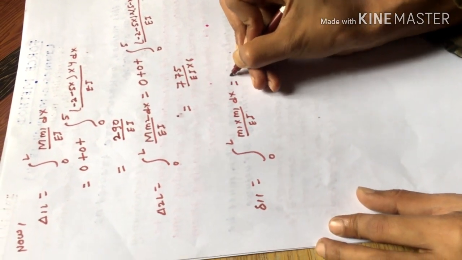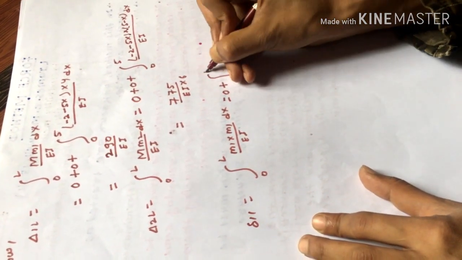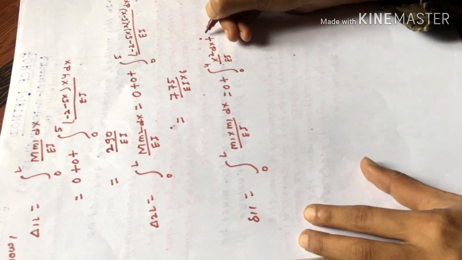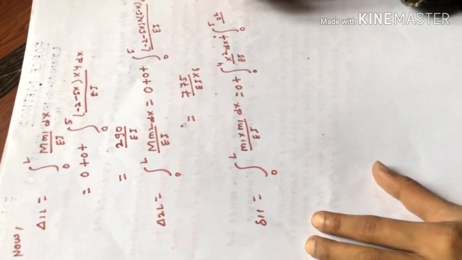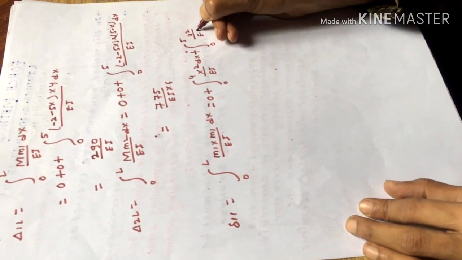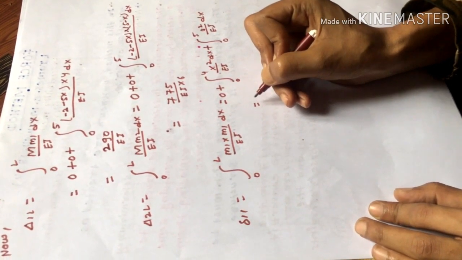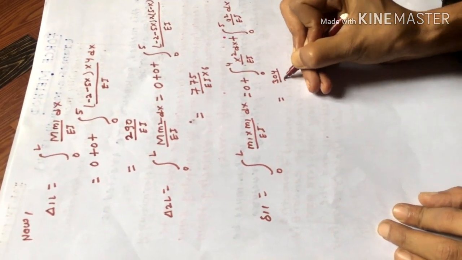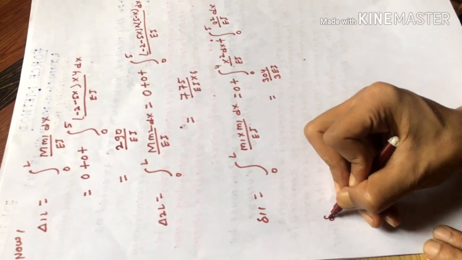So we can substitute 0 plus the integral from 0 to 4 of x square by EI dx plus, with limit 0 to 5, 4 square divided by EI dx. So let us calculate using a calculator, and we will get the result as 304 divided by 3 EI. Similarly, we can calculate del 2.